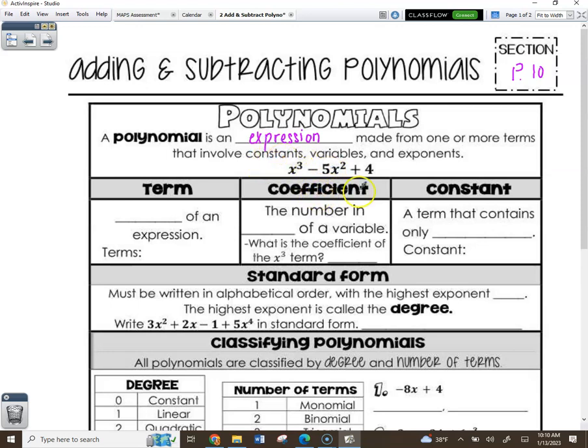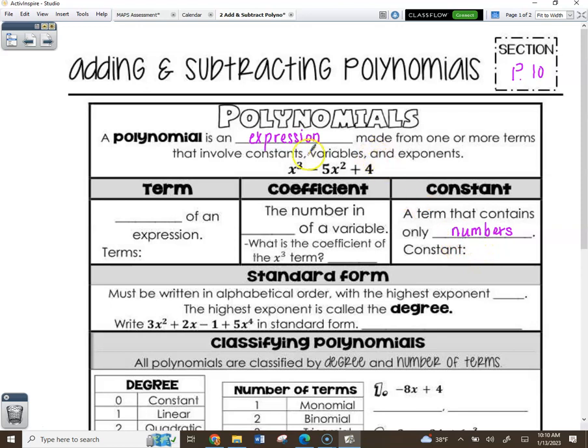A constant, I'm going to jump right into that one, is a term that contains only numbers. Look where I'm writing. A constant is a term that contains only numbers.